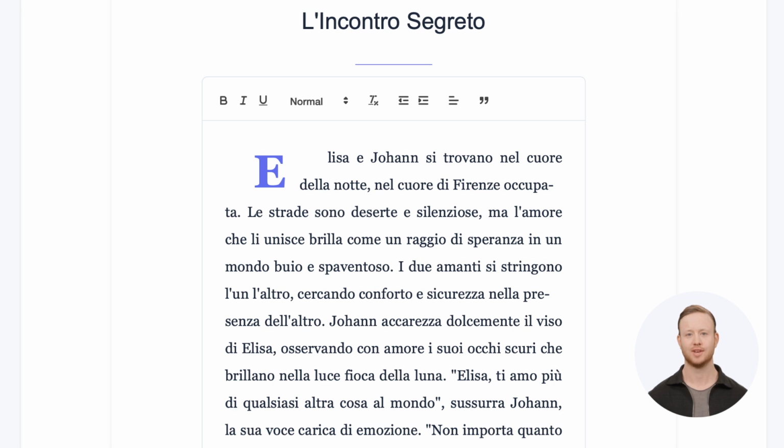How to use cliffhangers without frustrating the reader. A cliffhanger should be an invitation to read, not an obstacle. Here are some rules for using it to its full potential. Don't overuse it. If every chapter ends with a twist, the reader may get used to it and lose interest. Balance cliffhangers and resolutions.